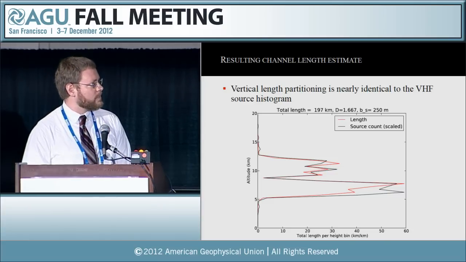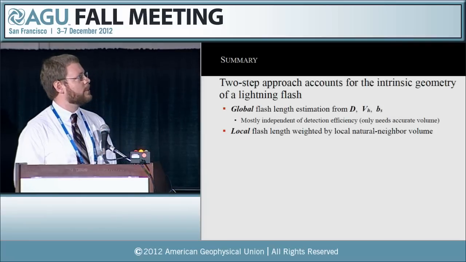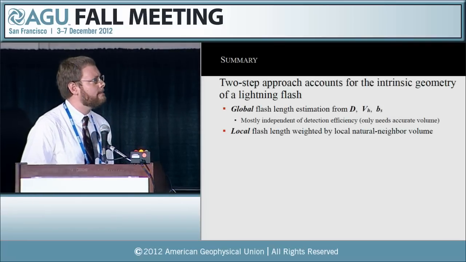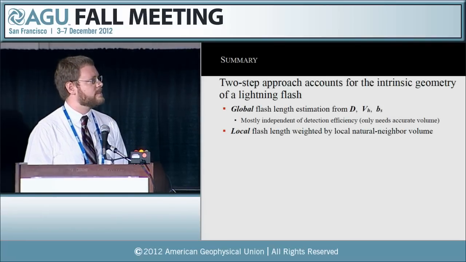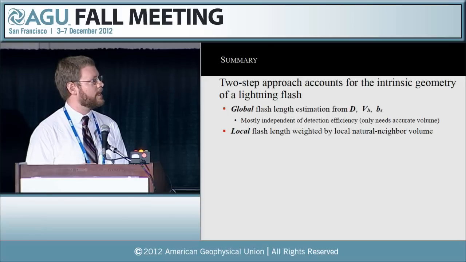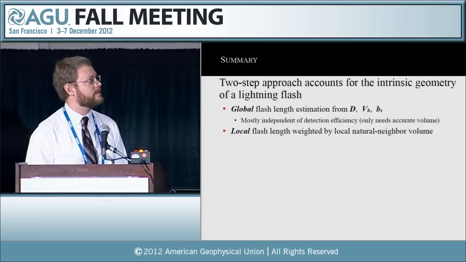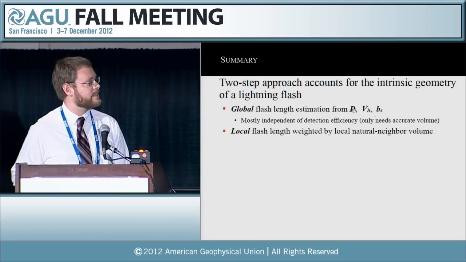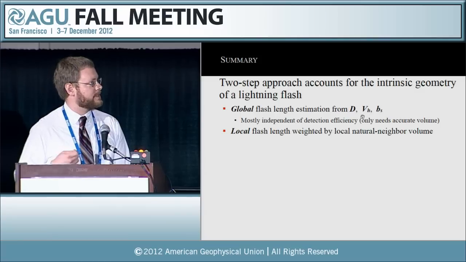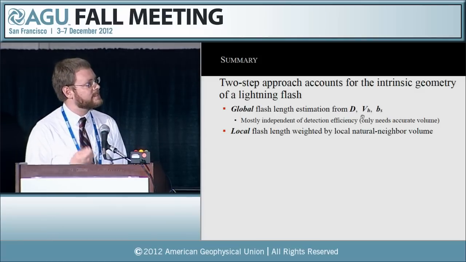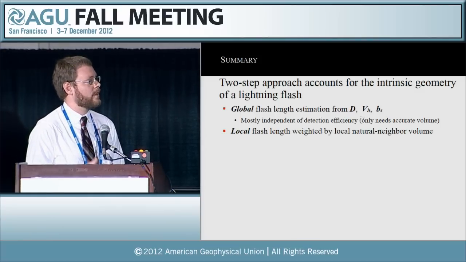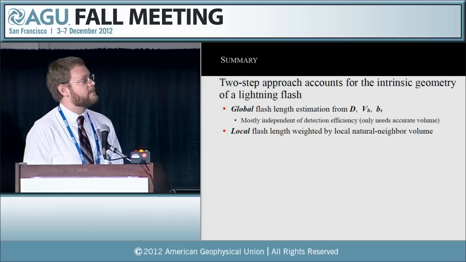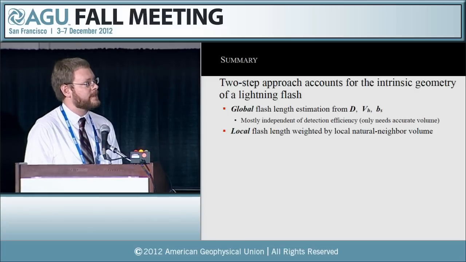All right. So to summarize what we've done here, we've developed this two-step approach that takes into account the intrinsic geometry of the flash. We assume some properties of the flash: the dimension, this minimum box size, and the hull volume. And that's mostly independent of the detection efficiency of any individual network.